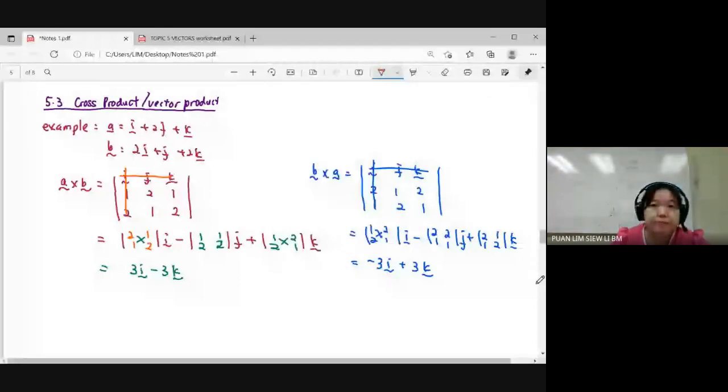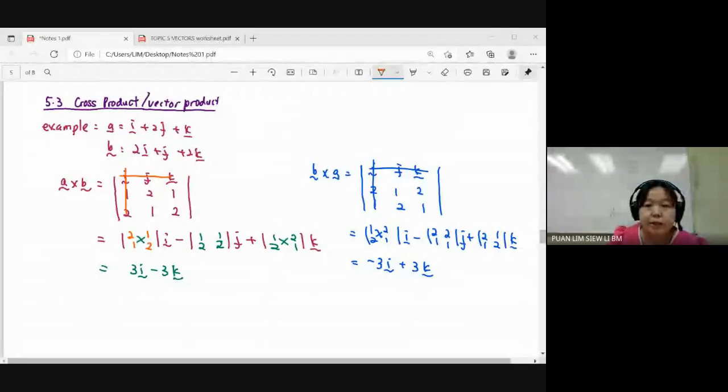Dapat jawapan tak? Okay. Dah. Dah, Miss.